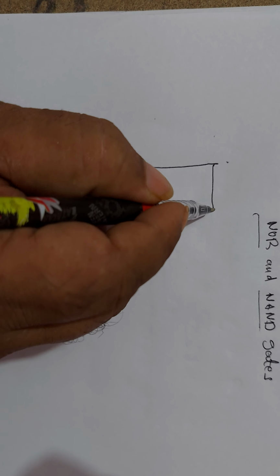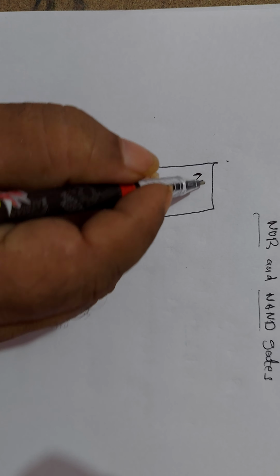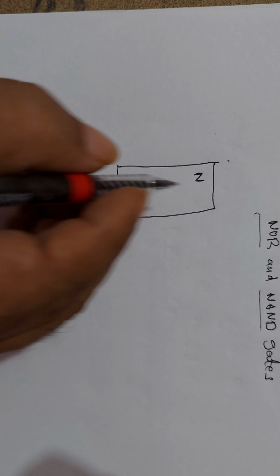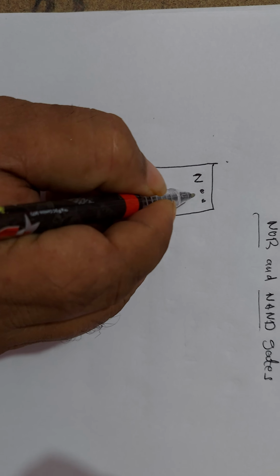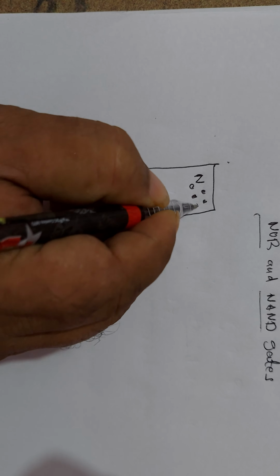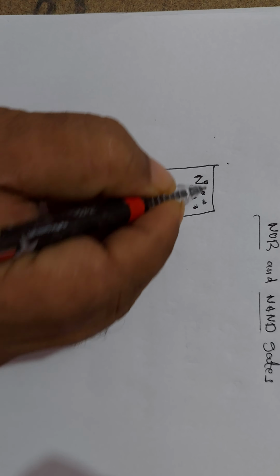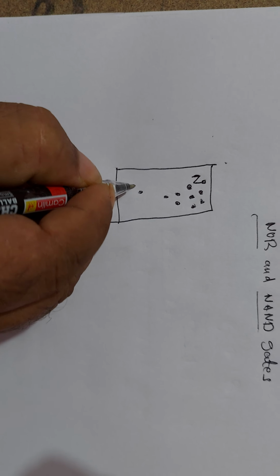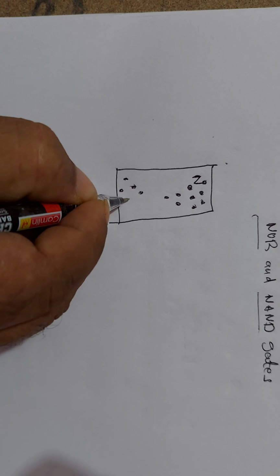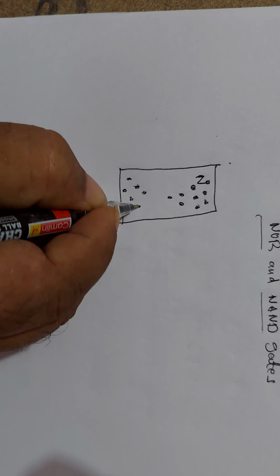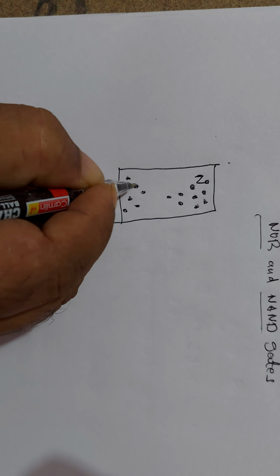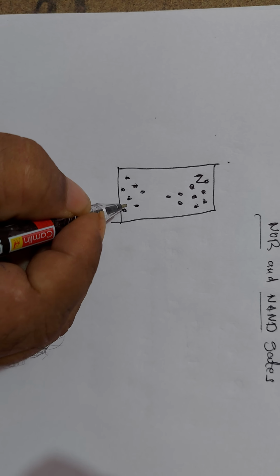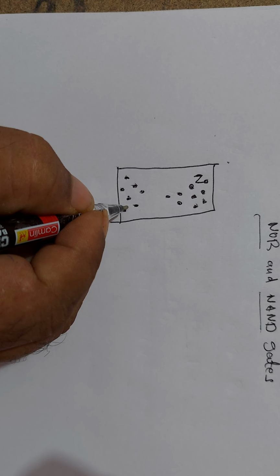an N-channel MOSFET first. Consider N-type semiconductor material, in which free electrons are the majority charge carriers. This dot represents free electron charges.